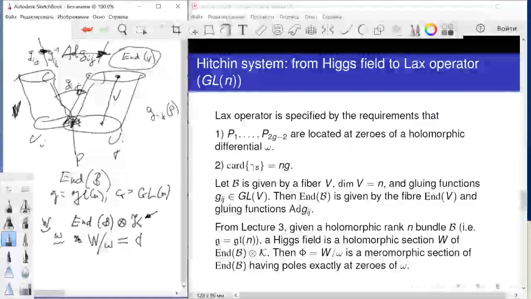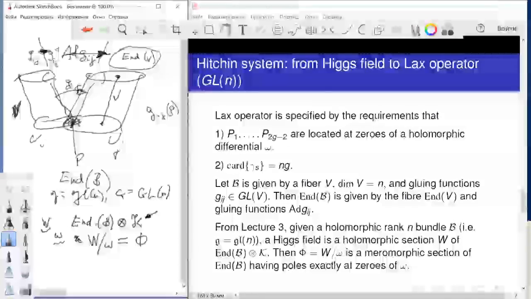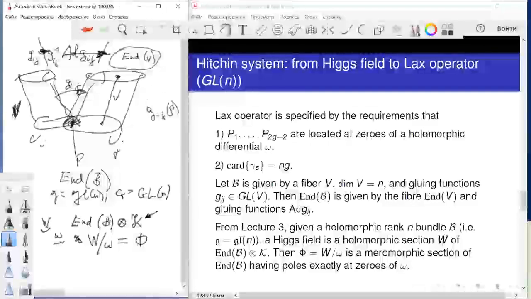Now it's a function because the sections of this bundle are one forms with operator values, and I divided by a scalar one form and obtained a bundle whose corresponding sections are just operator valued functions with poles at zeros of the holomorphic differential omega. Well, sorry.